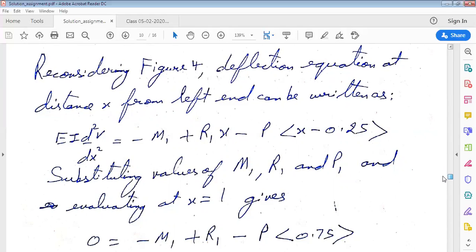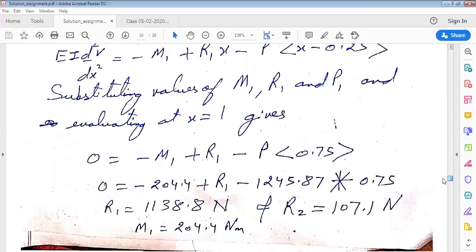Now substituting the values of M1, R1 and P and evaluating at x equal to l gives us the value of R1 as 1138.8 Newton and R2 equal to 107.1 Newton, and M1 we have already found out, 204.4 Newton meter.